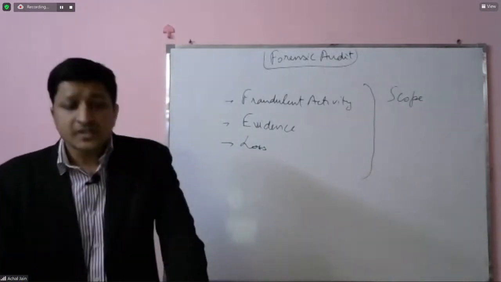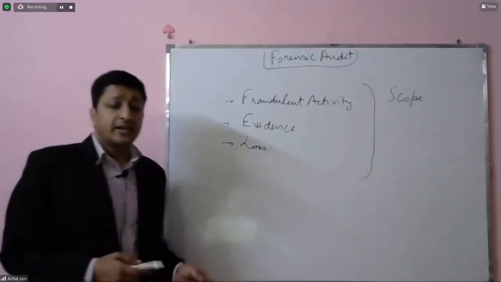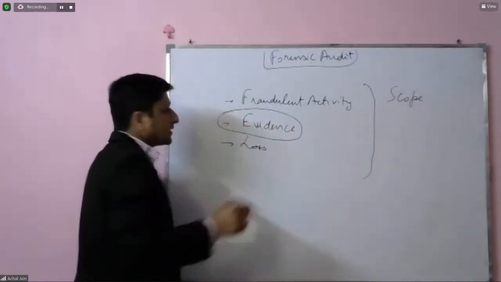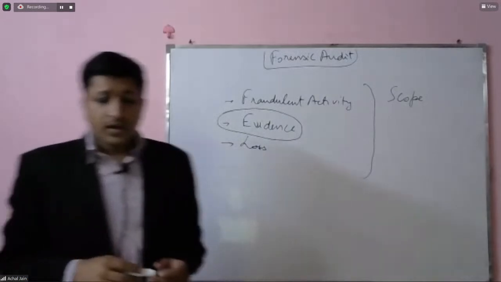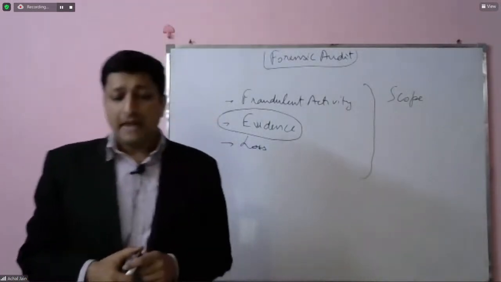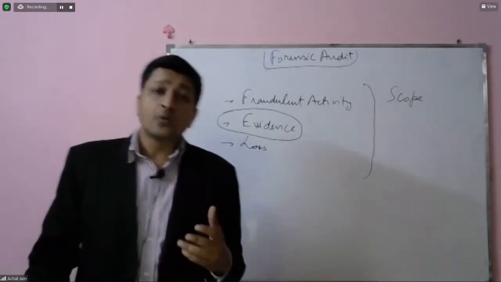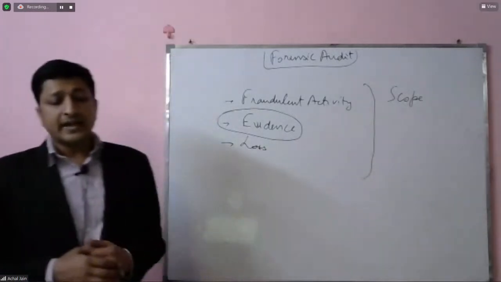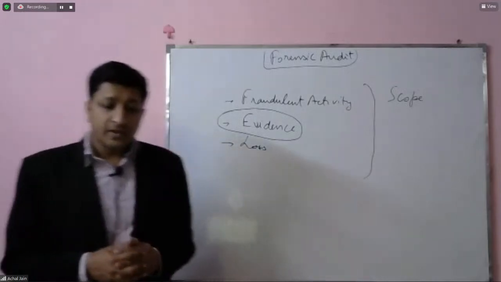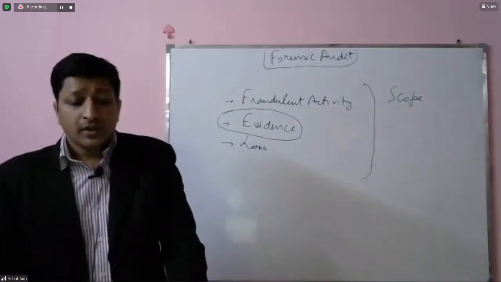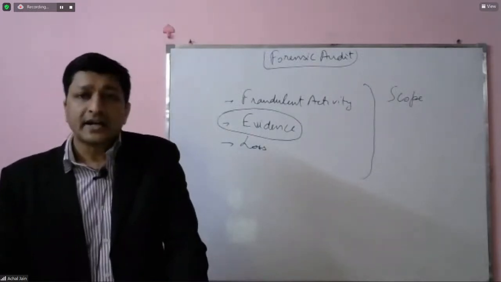The evidence which is gathered during the investigation will need to be presented in the court. So this is the evidence which will be presented in the court of law. And this may also be called upon by the court of law, wherein the court would want to understand this evidence in detail, as to what evidence would have been gathered, how this fraud would have been conducted, and how the suspect was identified.